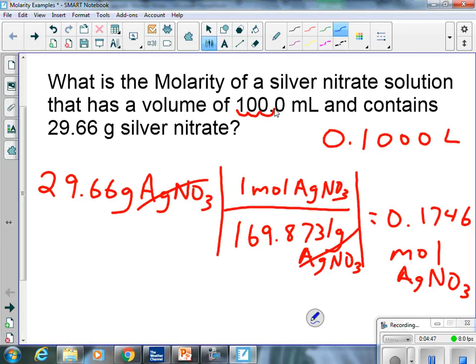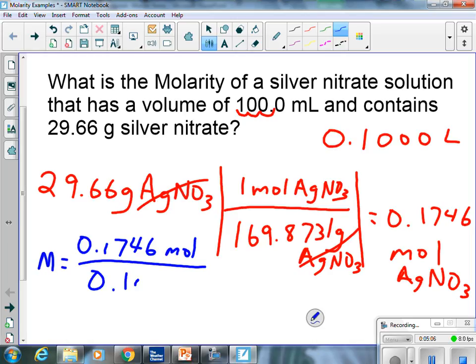Now that I have my moles, I know that my molarity is equal to the number of moles divided by the number of liters. So I'm going to take the 0.1746 divided by 0.1, and I'm going to get how many sig figs?